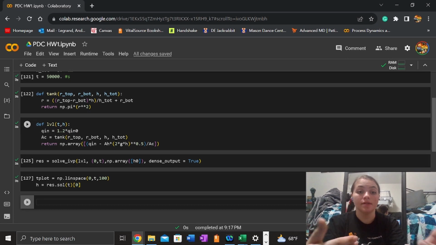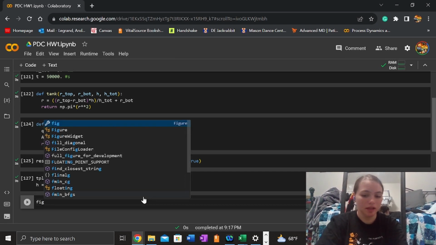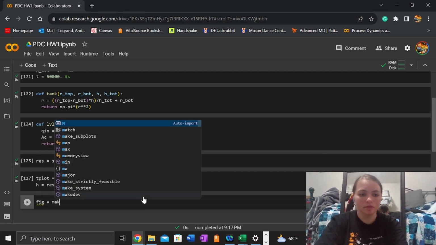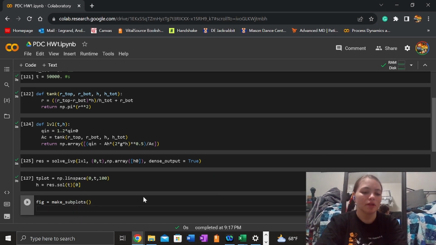All right, now it's time to graph. Okay, so we need a graph, which means we got to put in all of our plotly stuff. So fig is equal to make underscore subplots. And we're going to leave just the parentheses. So that's just making sure that we don't have to put make subplots every single time.